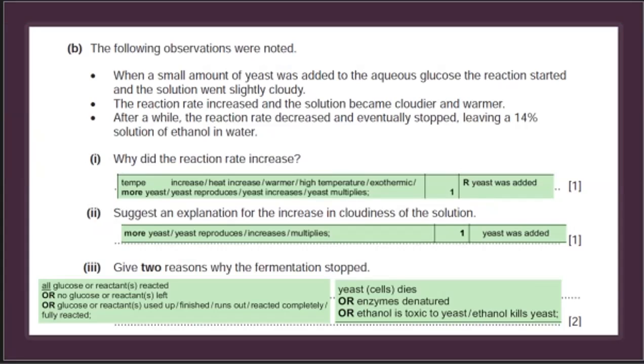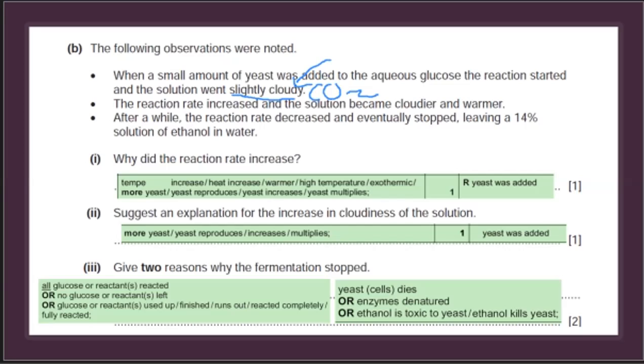The following observations were noted. When a small amount of yeast was added to the aqueous glucose, the reaction started and the solution went slightly cloudy. So once it goes slightly cloudy, we know that carbon dioxide gas is being produced, because carbon dioxide gas helps to turn lime water cloudy.